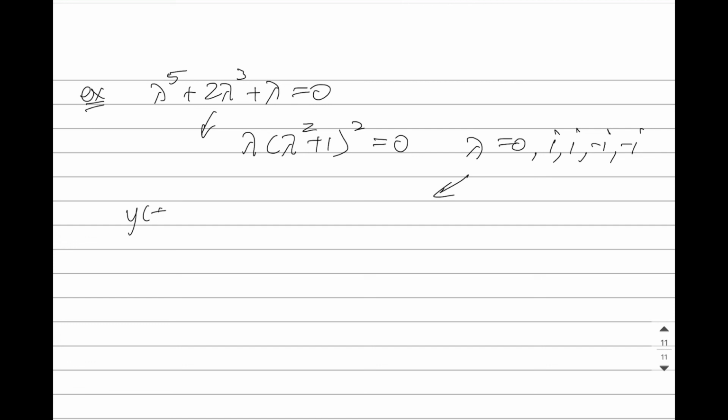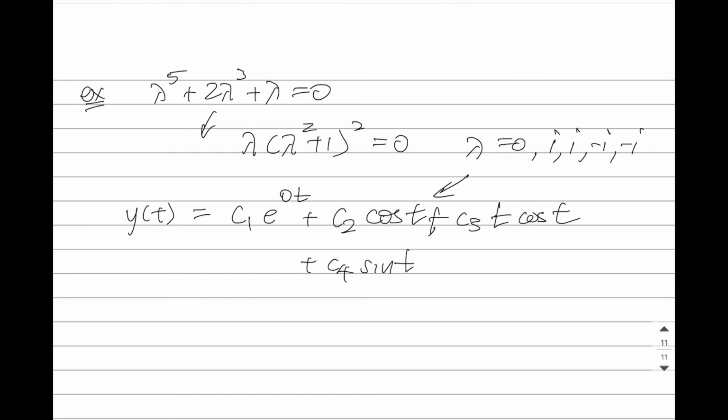The general solution will be C1 e to the 0t, C2 cos t, plus C3 t cos t, plus C4 sine t, plus C5 t sine t. Now remember, e to the 0 is just a 1, so we would call that C1.